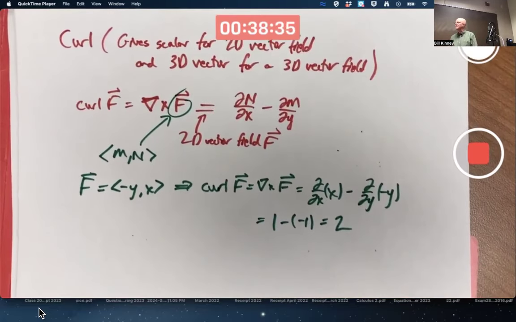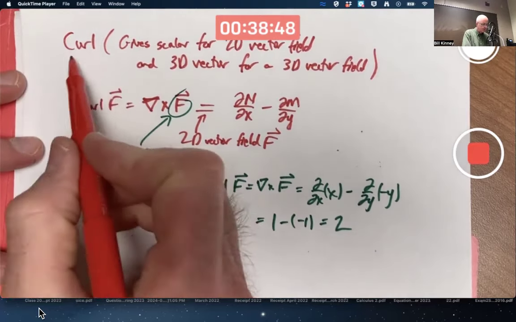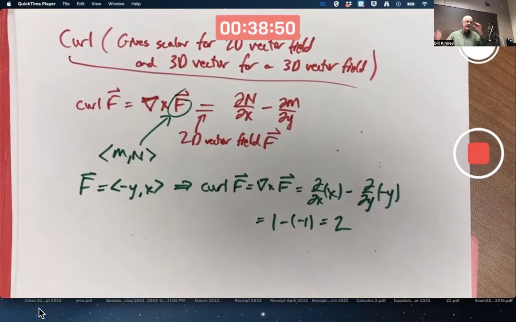Something non-zero, but constant. It doesn't depend on x and y in the end. In general, it could depend on x and y. These things do take on more meaning, more significance maybe, though they're harder to understand in 3D.